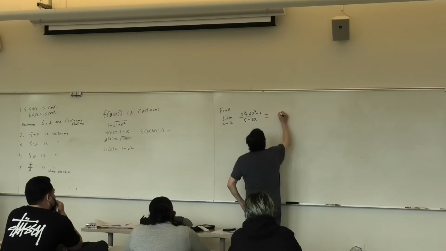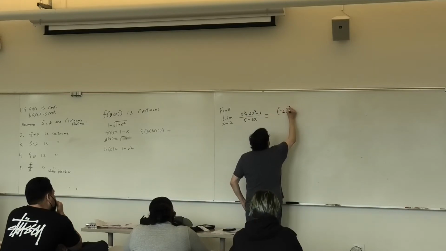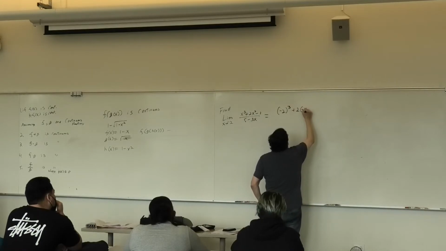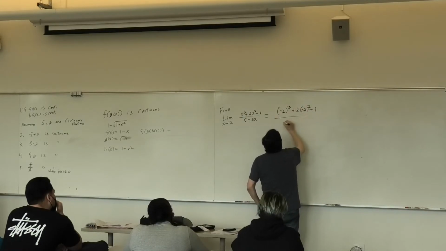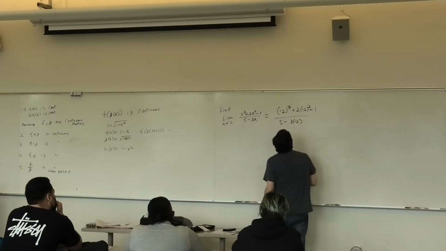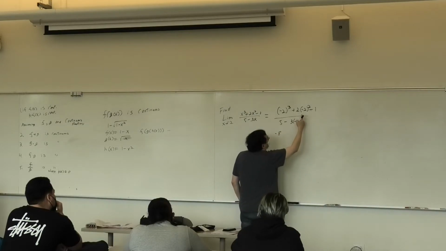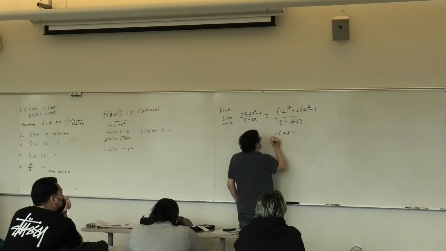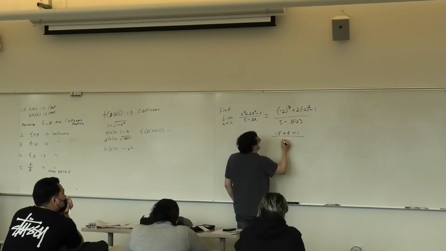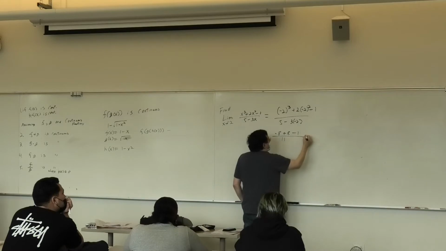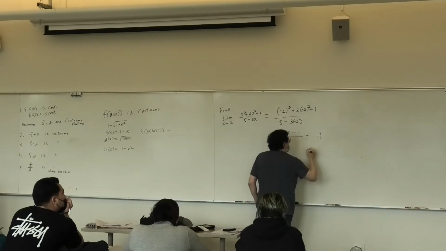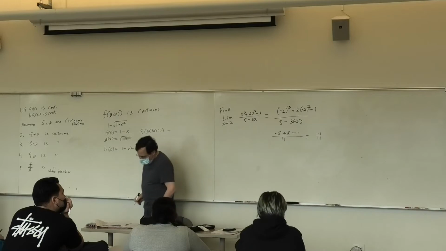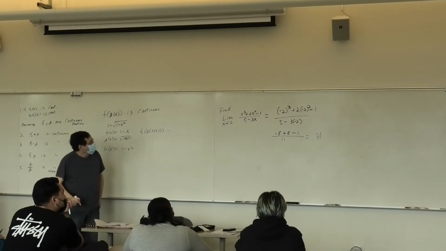So we can just write this as -2 cubed plus 2 times -2 squared minus 1 over 5 minus 3 times -2. Okay, so what do we got? -8 plus 8 minus 1 over, say, 11. So it's just -1 over 11. Is the math right? Yeah. Right.